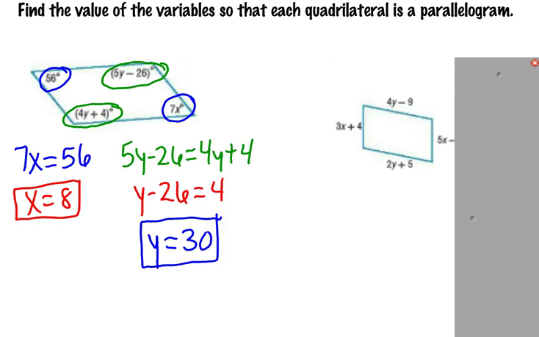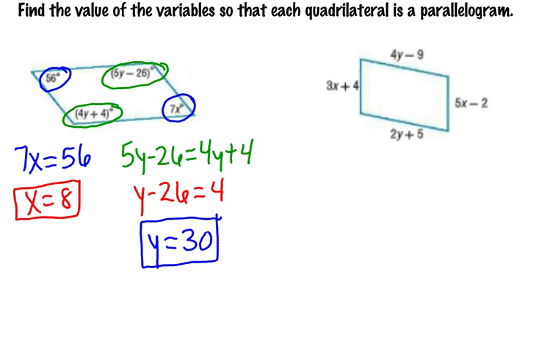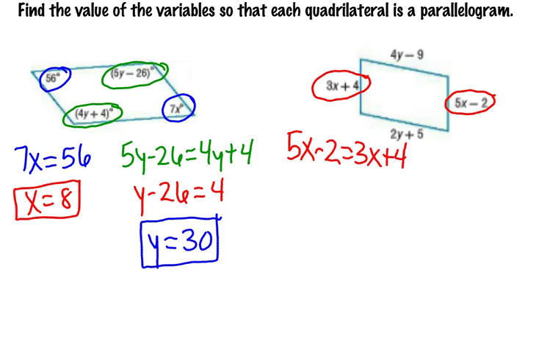And one more here, talking about our sides. All right. Again, remember, kids, opposite sides are congruent. So here, this is blurry, I'm going to have 5x minus 2 equals 3x plus 4.